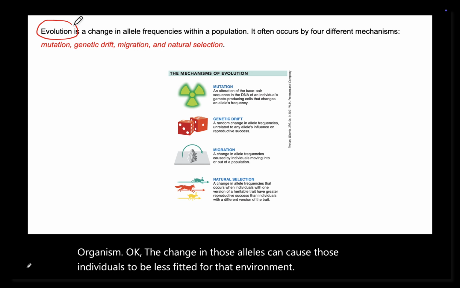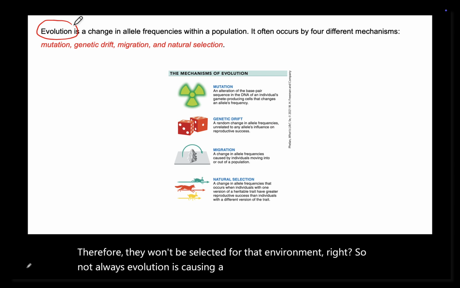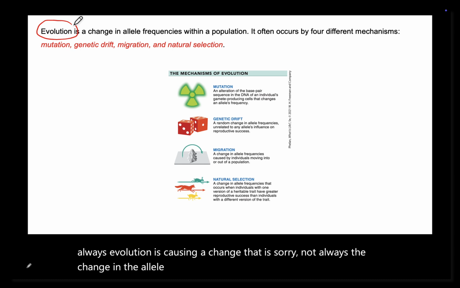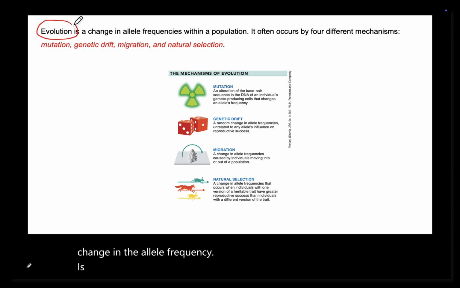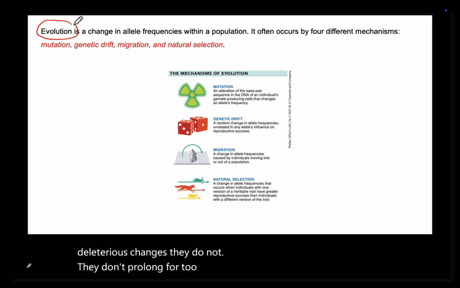Okay? The change in those alleles can cause those individuals to be less fitted for that environment. Therefore, they won't be selected for that environment, right? So not always is evolution causing a good change. It can cause deleterious changes, and sometimes those deleterious changes don't prolong for too long in that population.